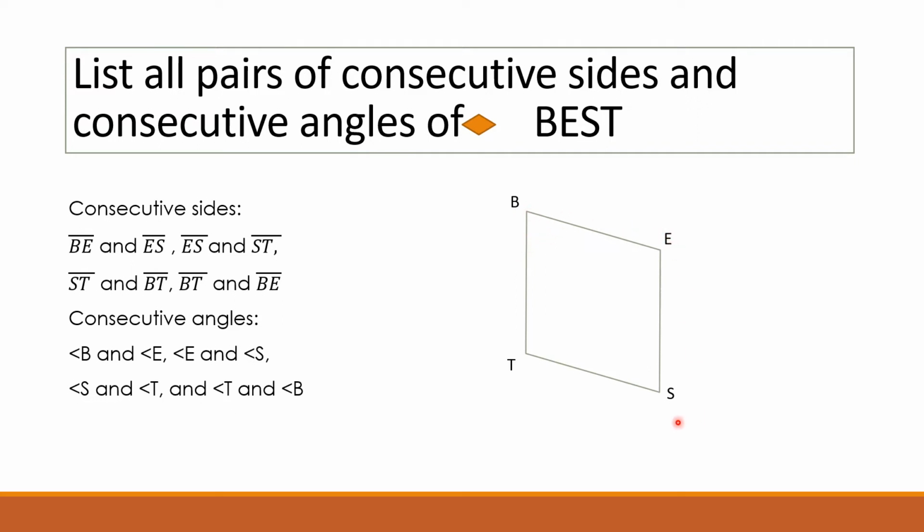So, consecutive means continuous, okay? What about the consecutive angles? Angle B and angle E are consecutive angles. Then angle E and angle S, angle S and angle T, then angle T and angle B. Right?